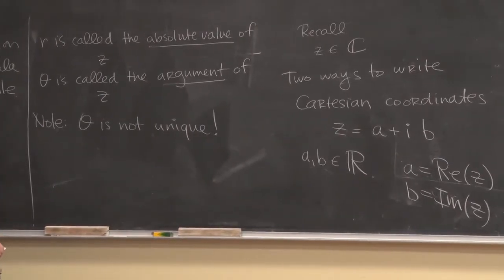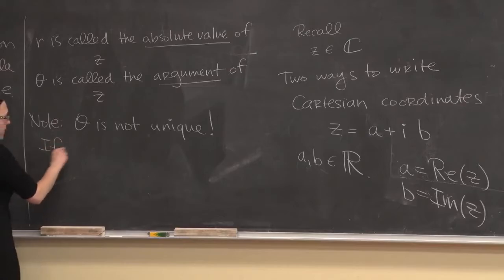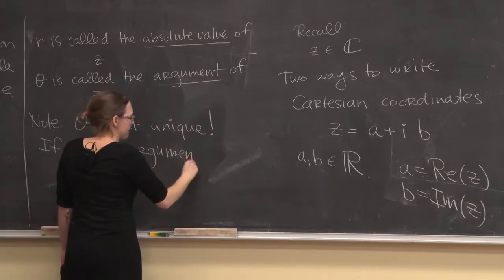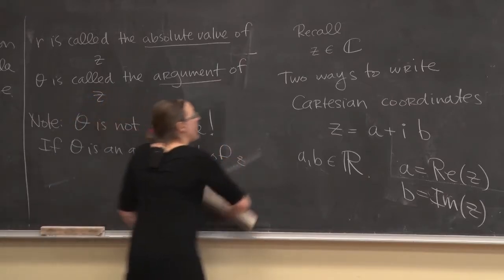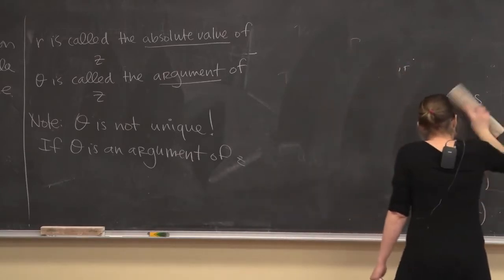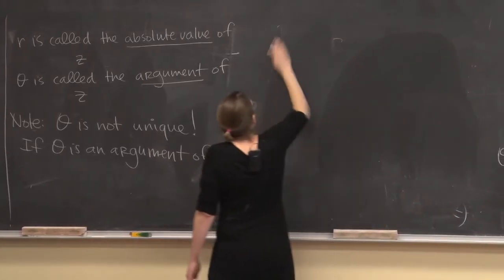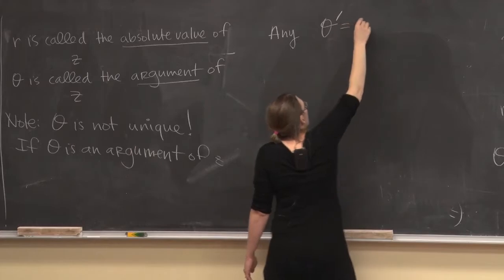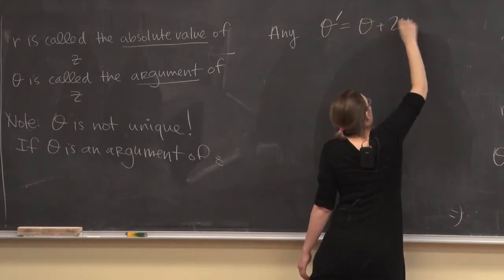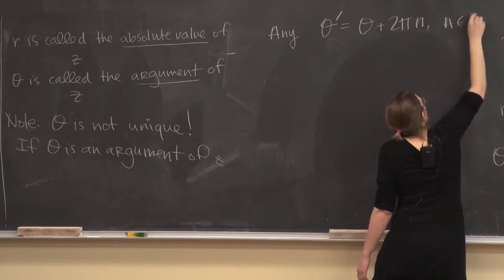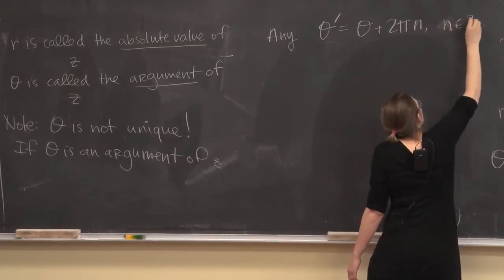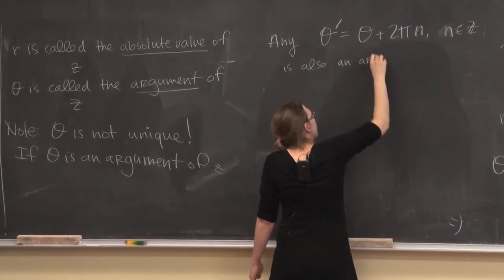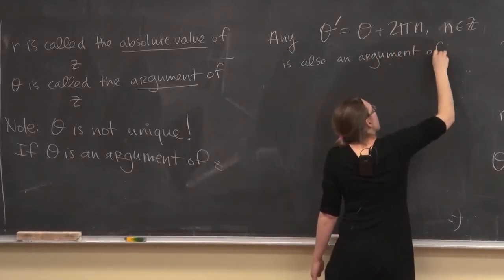But if theta is an argument of z, actually any theta prime, which is theta plus 2 pi n, where n is an integer, is also an argument of little z.